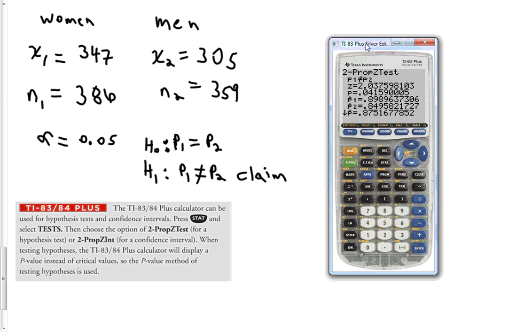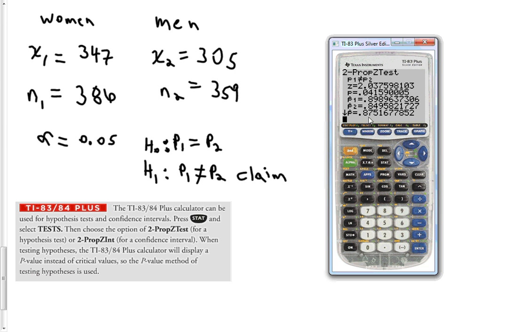Now, this might get a little confusing because there's 3 p's here. P hat 1 is the first sample proportion, the proportion of women who think that it's morally wrong to have an affair. This is the percentage of men from the sample who think it's morally wrong to have an affair. And this is the pooled, x1 plus x2 over n1 plus n2.